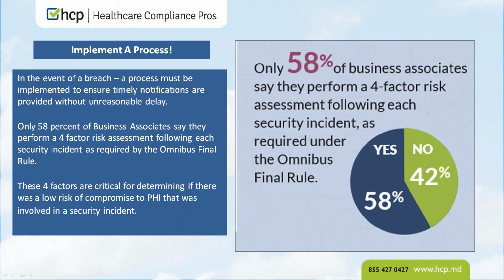So if you aren't sure if your business associates are performing that risk assessment, you may be in the 42%, and obviously we would encourage you to have a conversation with your business associates.